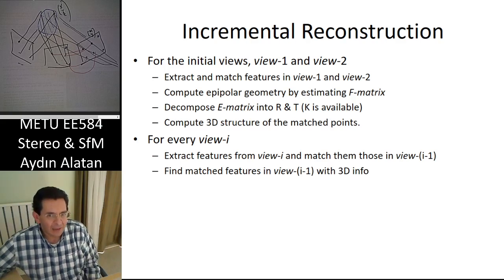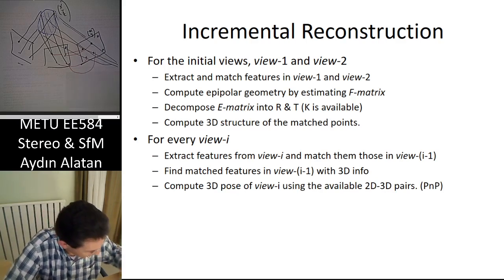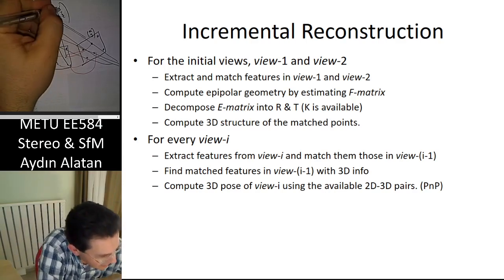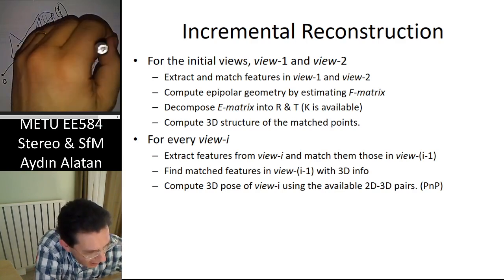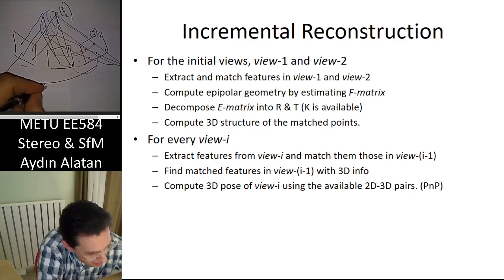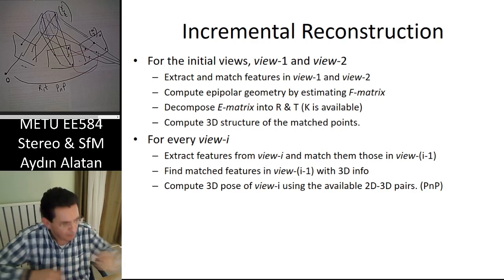Therefore, I get the pose between these two. Which pose? With respect to this coordinate system, this is your current origin, I can find the rotation and translation using 3D and 2D points.